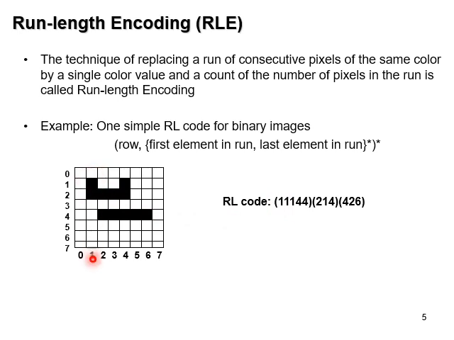The first run starts at column 1 and also ends at column 1. That's why it's written here 1 followed by 1. First element, last element. And then on the same row, we have a run that starts at column 4 and also ends at column number 4. So we have 4 followed by 4. And in between the elements of different rows, we have brackets to indicate a separation here.